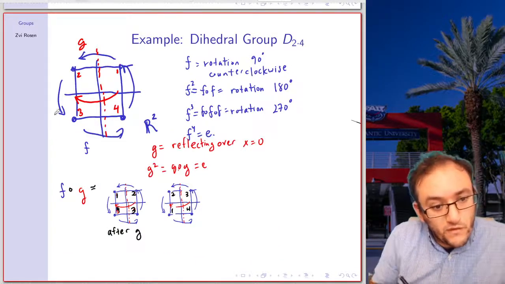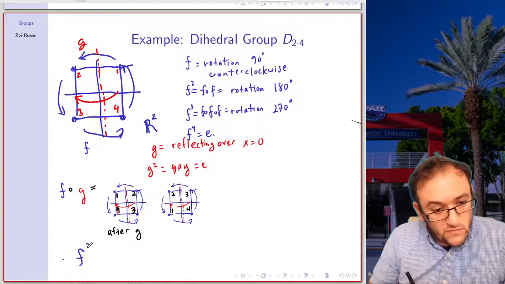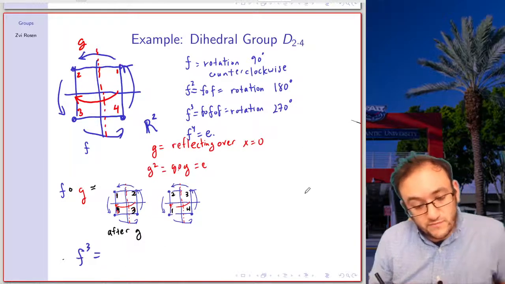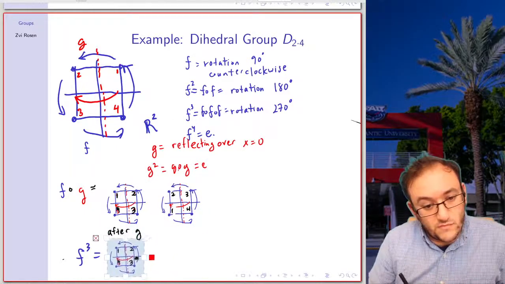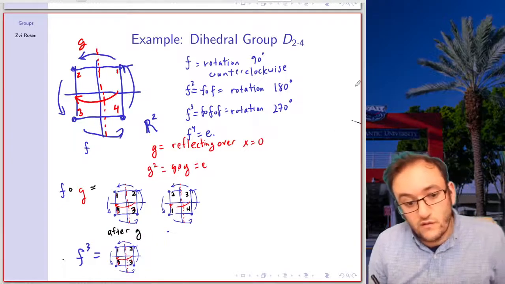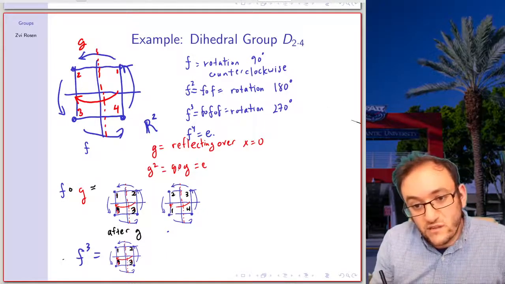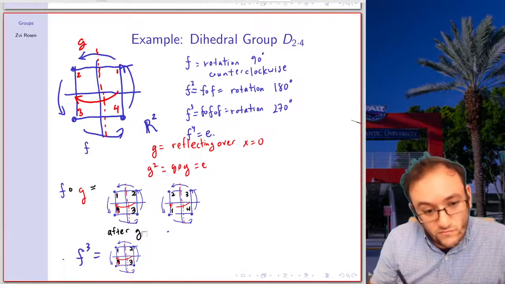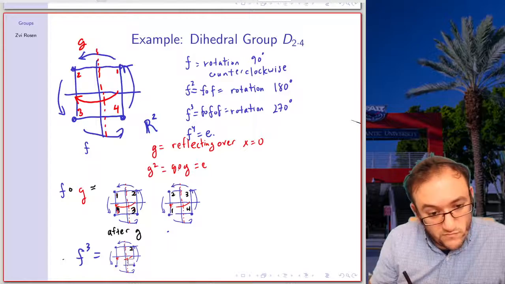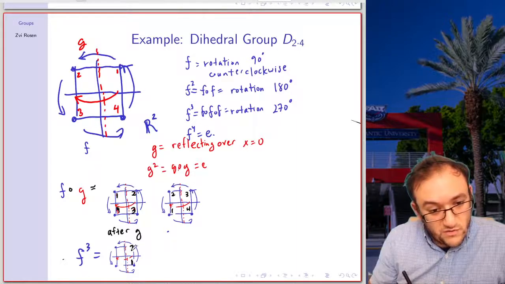Okay, so if we were to do f cubed first, that would give us, instead of having 1, 2, 3, 4 going around that way, 1 starting in the bottom right corner, so we would have 1 here, 2 here, 3 here, and 4 here.